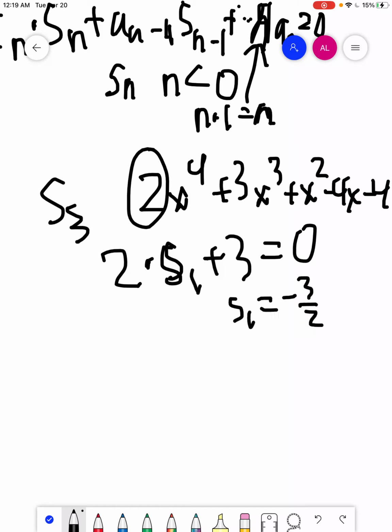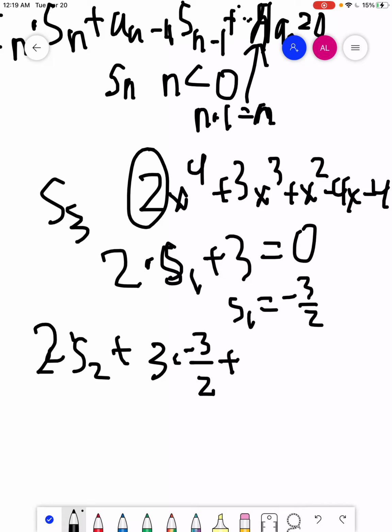Next, to find s2, I want 2 times s2 plus 3 times negative 3 over 2 plus 2 times 1 is equal to 0.